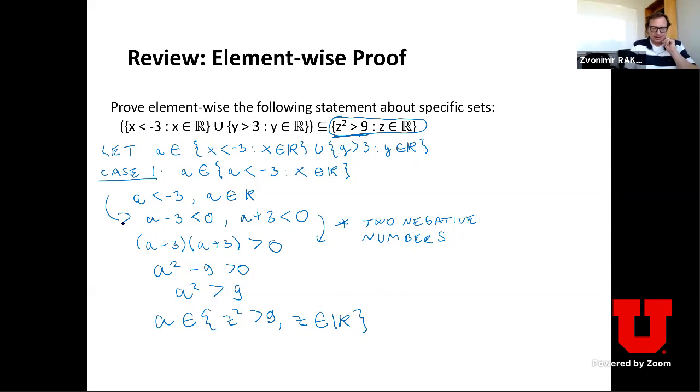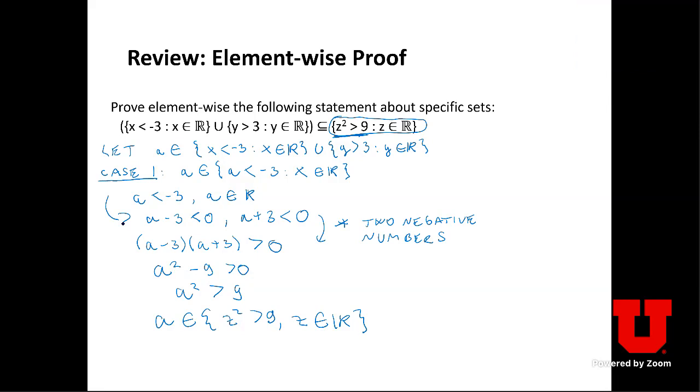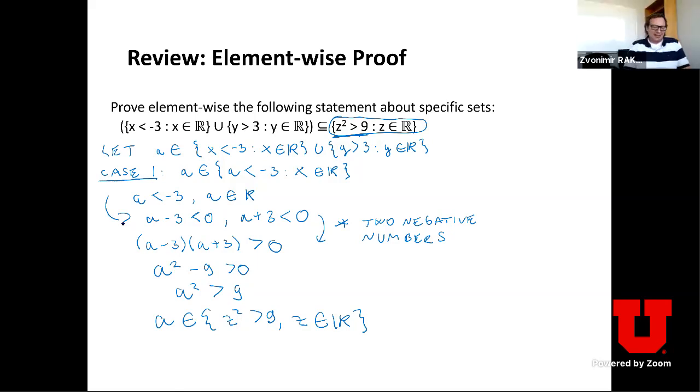Any other questions? Yeah, someone asked if you can solve it easier if you square both sides. I was thinking about that myself.